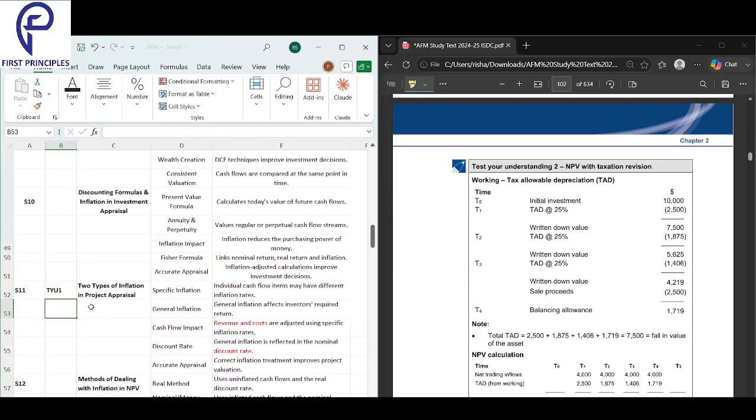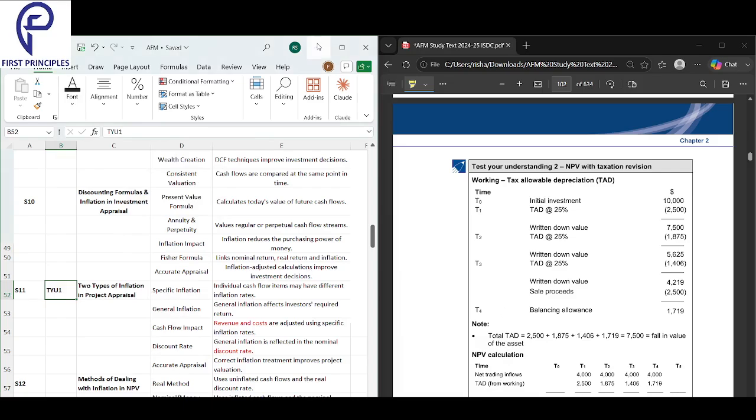Whenever you revise this, just go through TYU1, so your inflation is done.